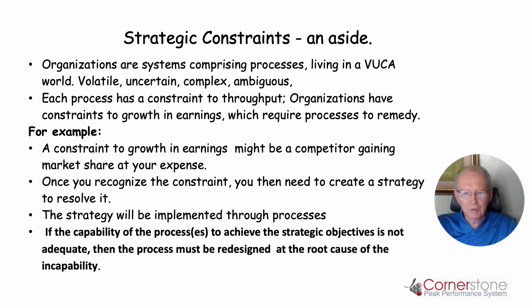And if those processes aren't giving you the results, you look for the constraint. What is causing our growth to not be as great as we wanted? What is causing our growth to be slowing down? What is the risk that we are facing that we can see is going to have a big impact on us?